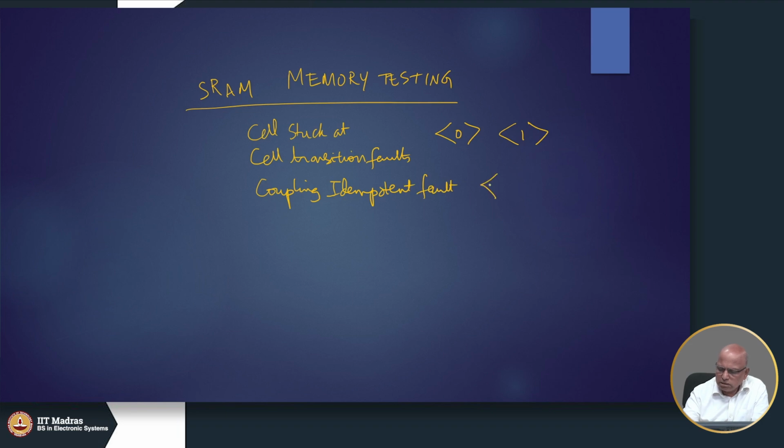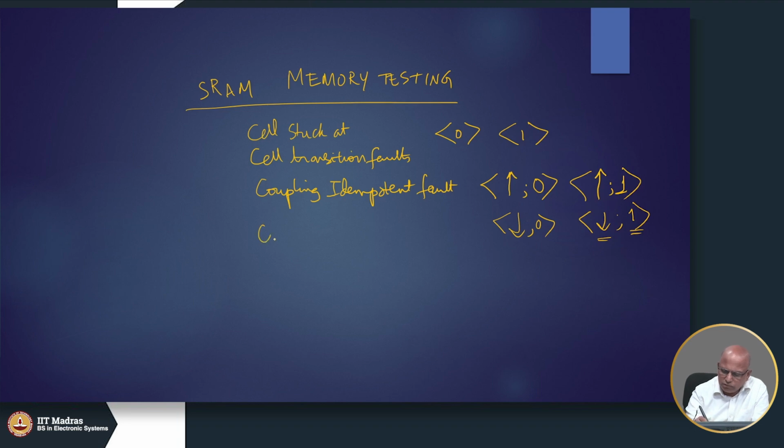That means I is changing from 0 to 1, causing J to become 0, or I is changing from 1 to 0, J therefore becomes 1 because of some coupling.